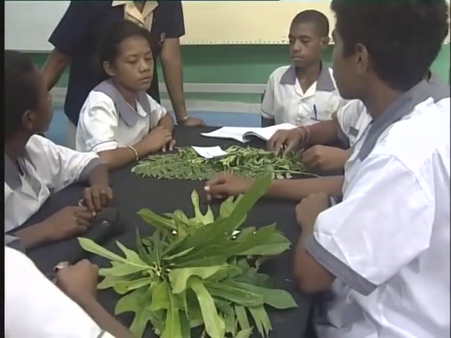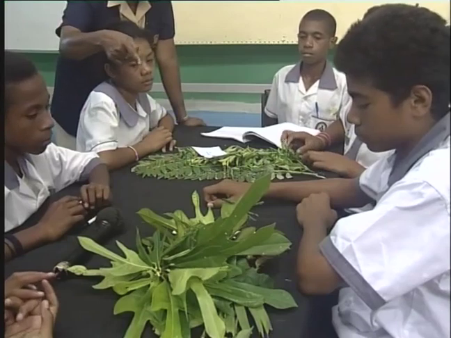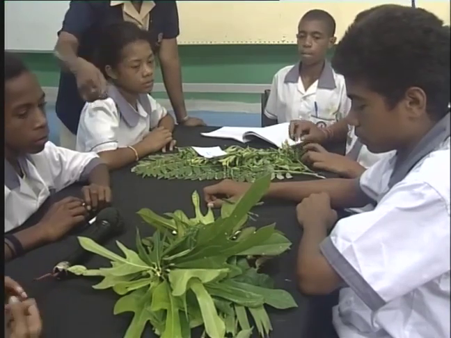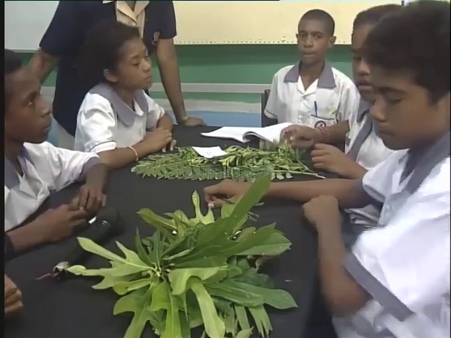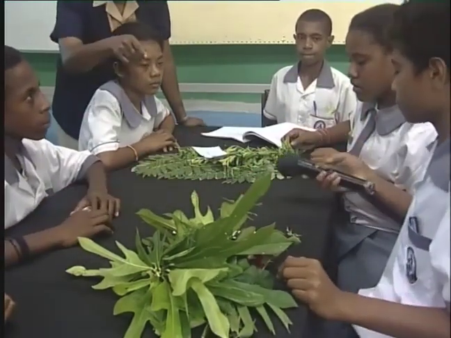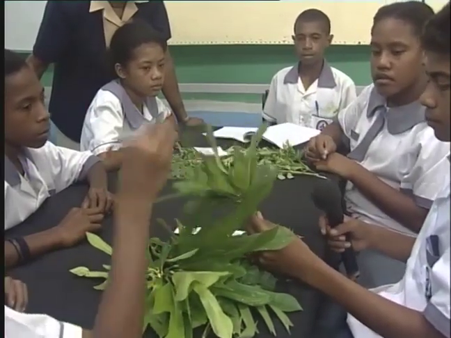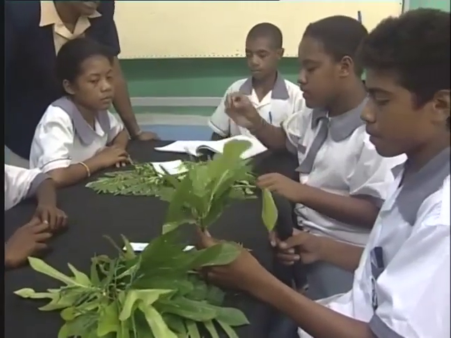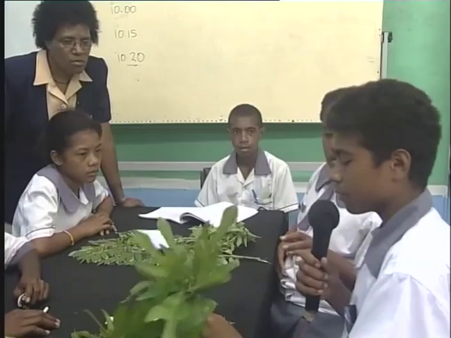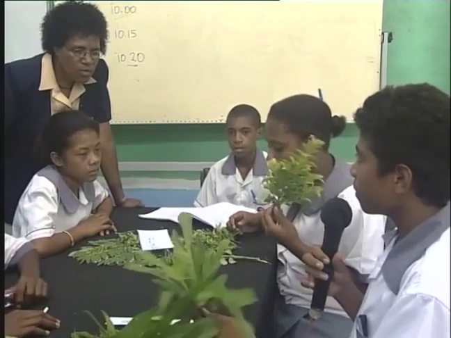Okay, let's see, Jubilee. How can you tell us that the subset you made is alternate? Get the mic. How can you tell us that the subset you made is alternate, leaves alternately arranged on the stem? Because all of these leaf stems here, they're all in one stem. Okay, on one stem. But how can you tell that they are alternate?